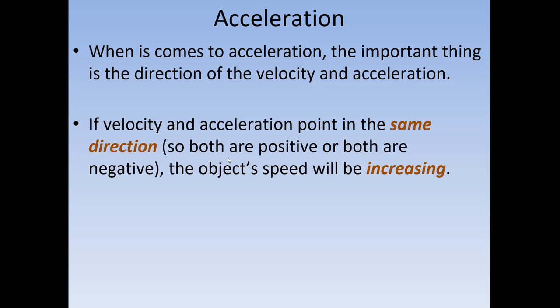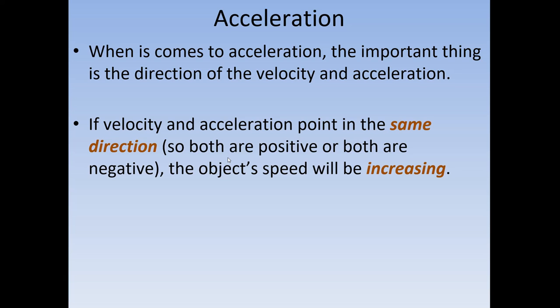So, for example, if the velocity and the acceleration are pointed in the same direction, so both of them are pointed to the right, both of them are pointed to the left, something like that, then what ends up happening is the object's speed will be increasing. Again, this kind of makes sense.